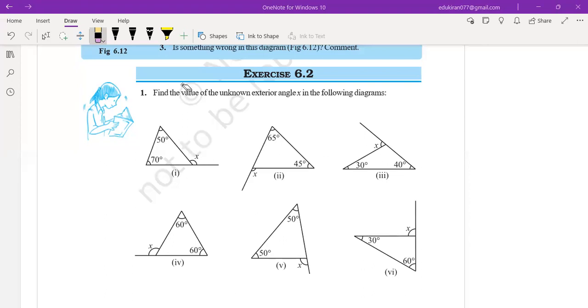Ma'am, I think we all are done. Okay, let's just discuss the answer. For the first one, what did you people get? Ma'am, 120 degree.